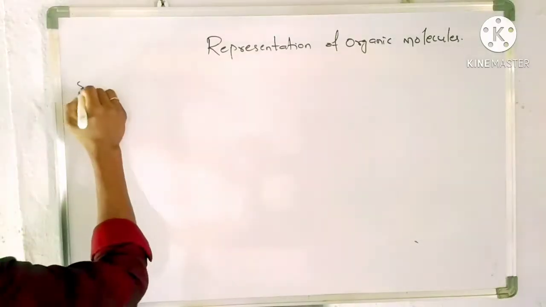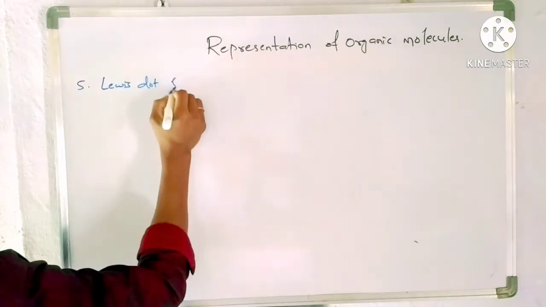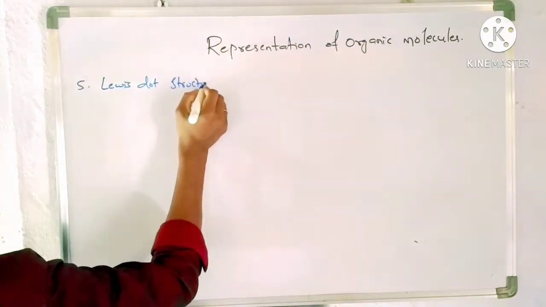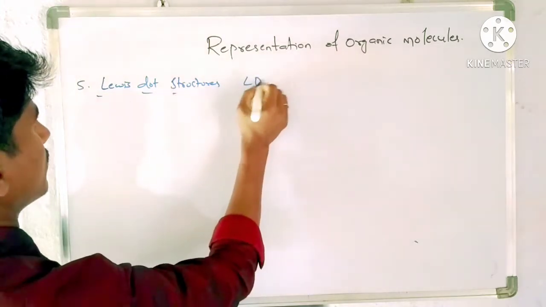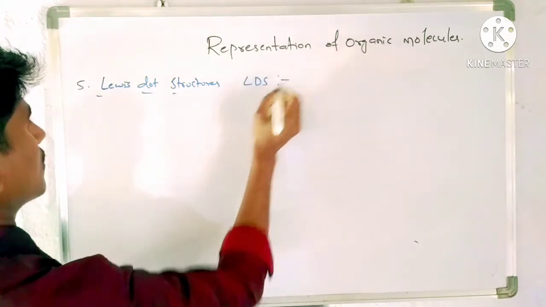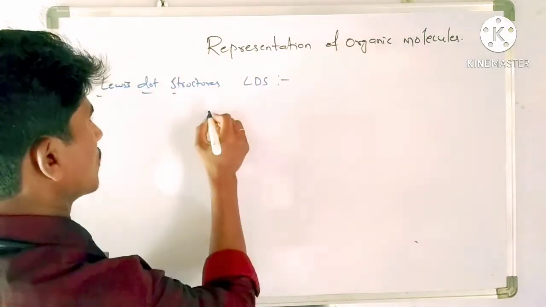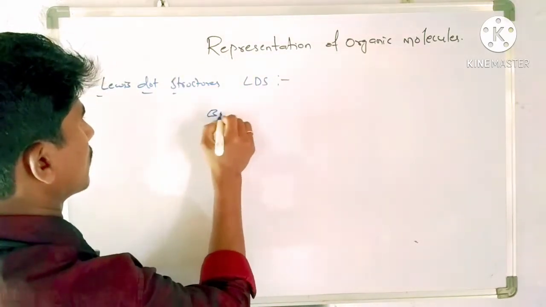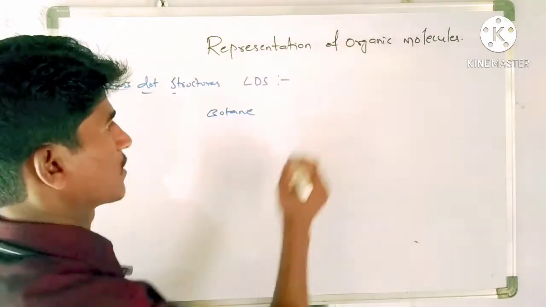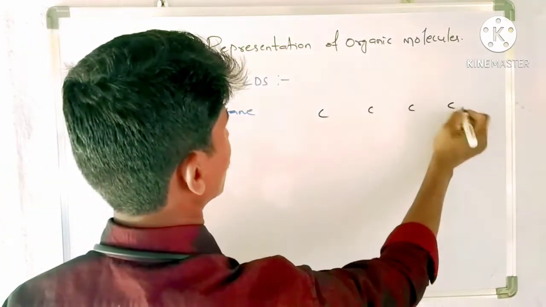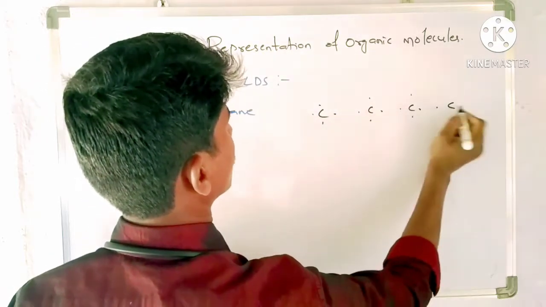So the next, the 5th one, is Lewis dot structures. Already we discussed Lewis dot structures, LDS. In the case of Lewis dot structures, let us take an example, that is butane. We know very well that butane has 4 carbons, 1, 2, 3, 4, and each has 4 valence electrons.